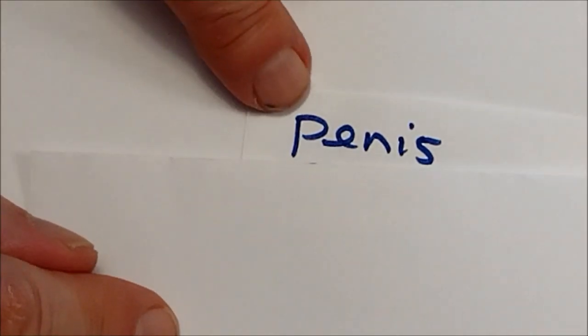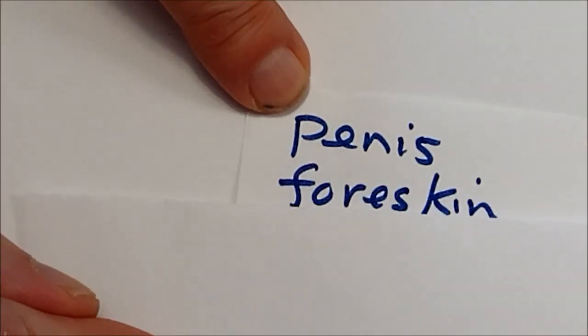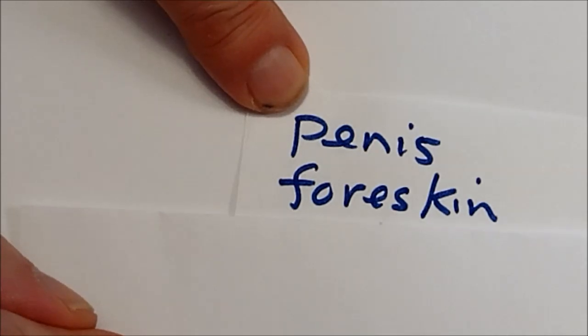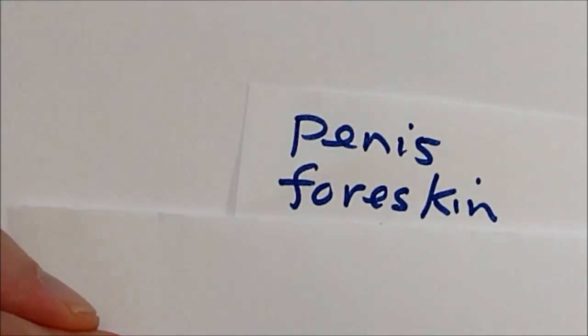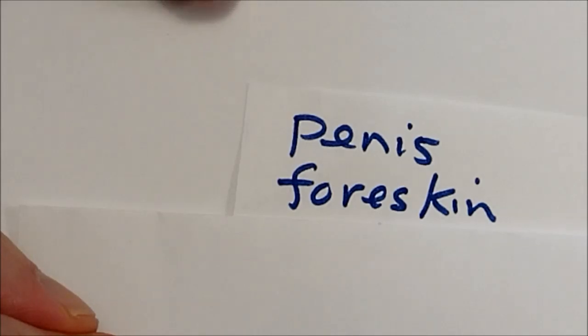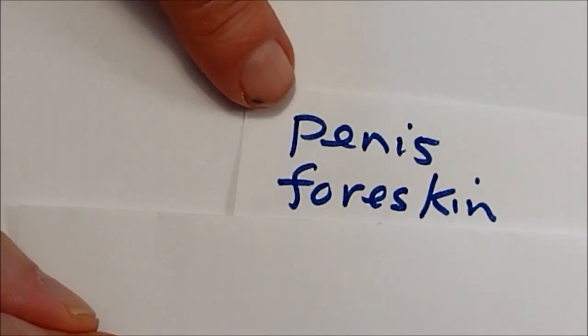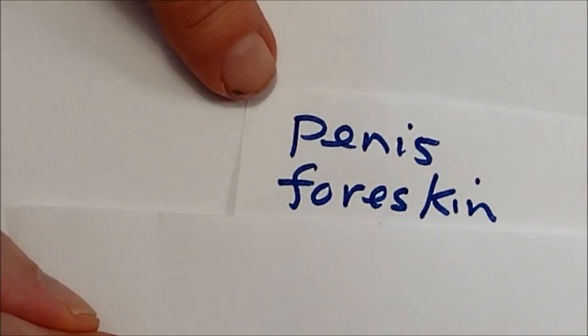So we're going to talk about the penis. The foreskin is a flap of skin that covers the end of the penis when the boy is born, and that's usually removed a couple of days after the child is born, although it can be left on.